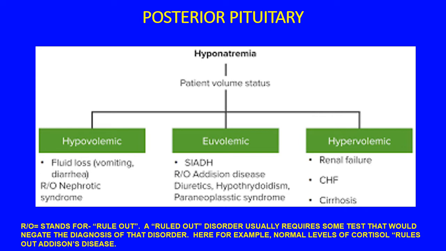Now, if you notice it says R/O, this stands for rules out. You have to rule out nephrotic syndrome if you have hypovolemic volume status. When you say volume status, we're talking about normally the amount of blood or fluid in the blood status, okay? Euvolemic, that's normal levels.